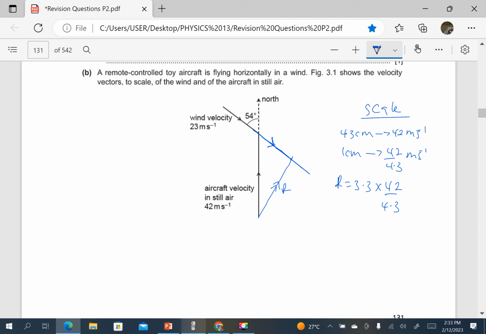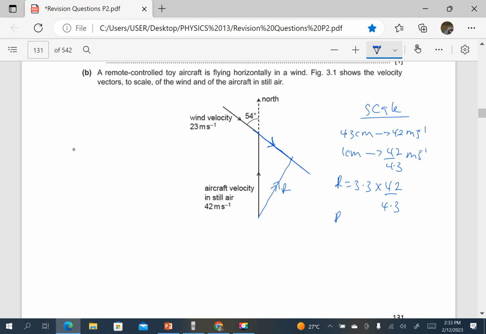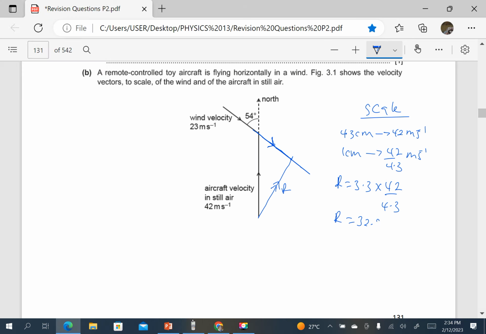You find the scale by taking measurements on the diagram. 3.3 times 42 divided by 4.3, and I'm getting 32.2. So I'm getting R as 32.2 meters per second. Because I was on a computer, it may not be very accurate, but you can verify.